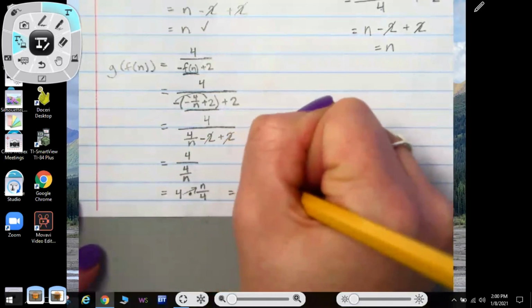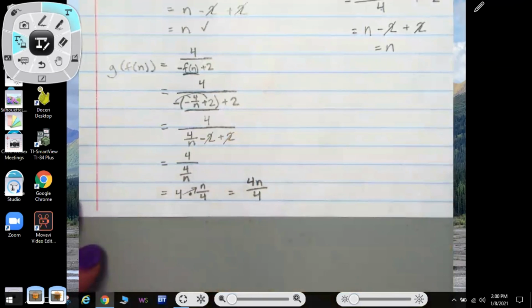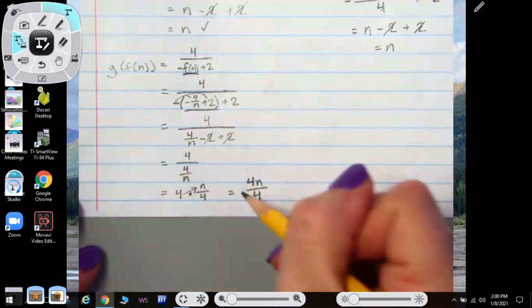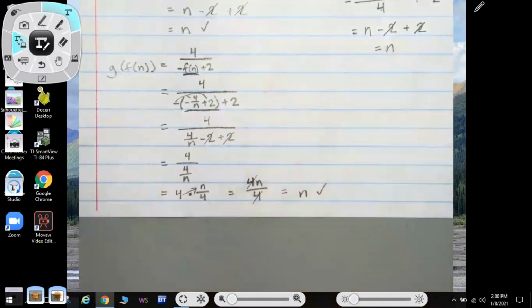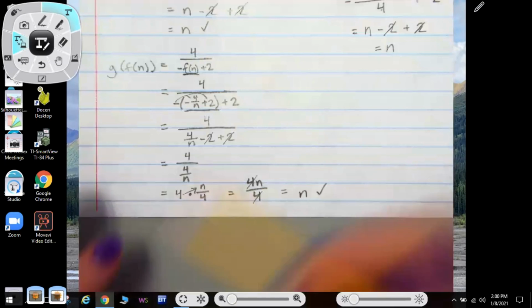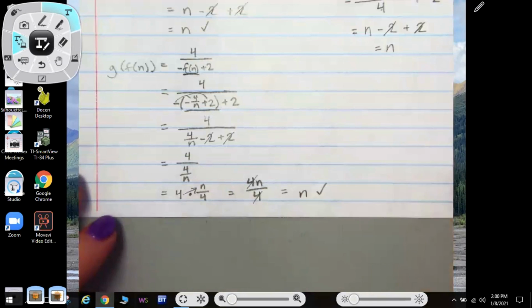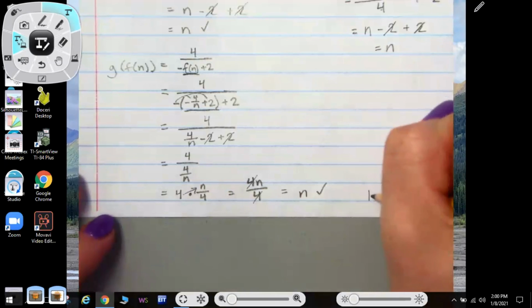So we get 4n over 4, and the 4s cancel out to leave us with n. So f of g of n gave us n, and g of f of n gave us n, which is what has to happen in order to say that these two functions are inverses.